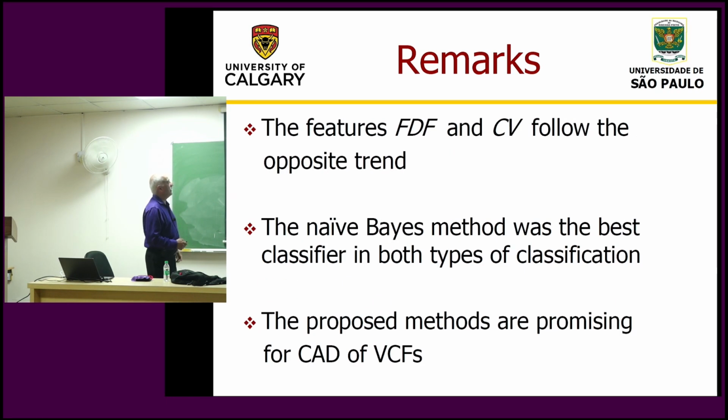There are a few interesting trends. The features, Fourier descriptor factor and CV, the ratio of the mean to the standard deviation, the coefficient of variation, follow opposite trends. The Naive Bayes-based classifier was the best classifier in both types of classification, and the conclusion is, yes, these methods are promising.